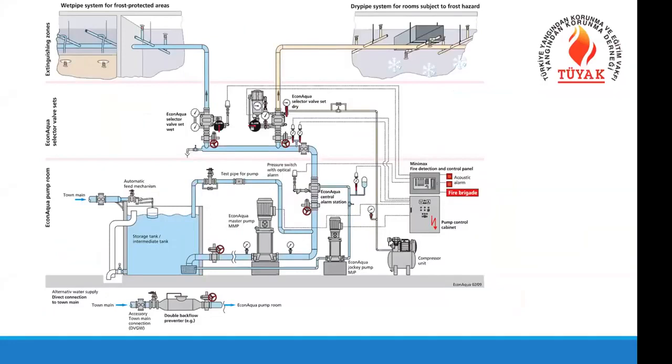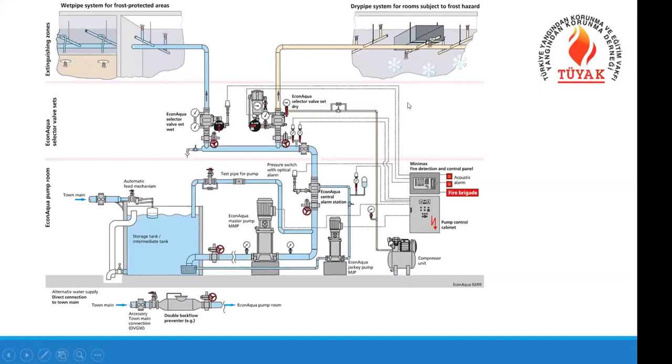In that schematic, you will see a combined system. There is a water tank, fire pumps, and sectional valves, which are called alarm valves. If you have a system with freezing temperatures, you have a dry system. You cannot keep water inside freezing rooms below 4 degrees Celsius.